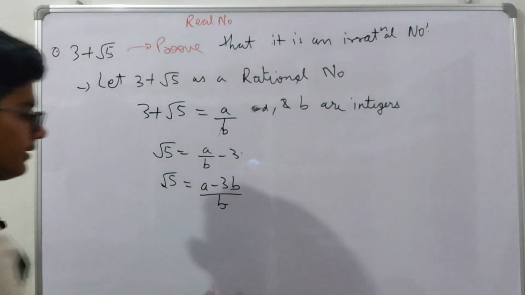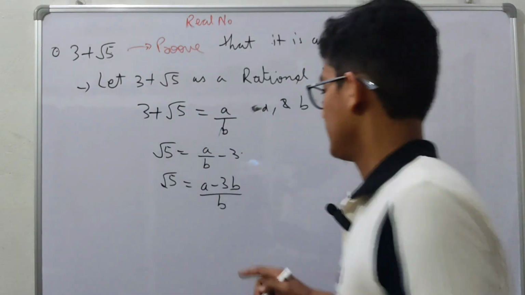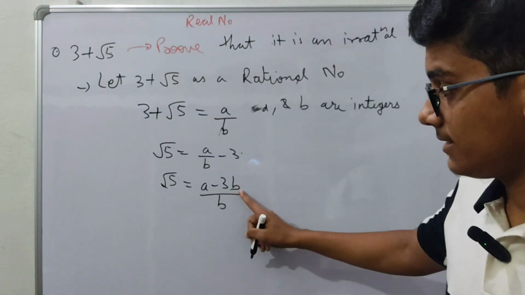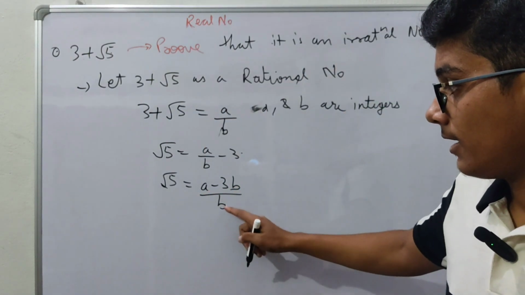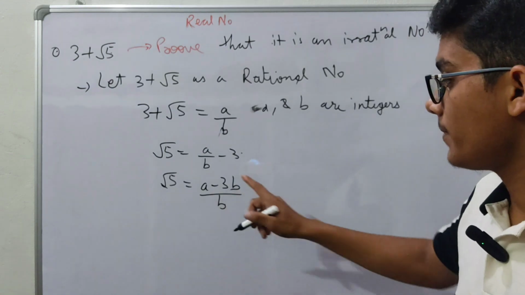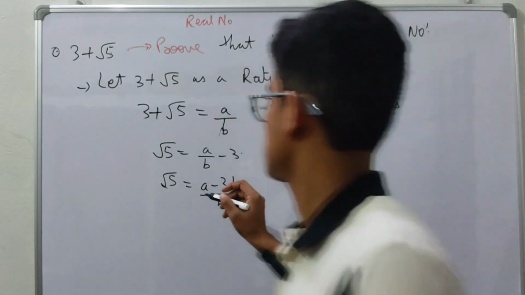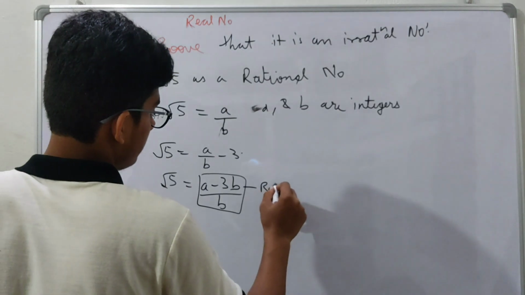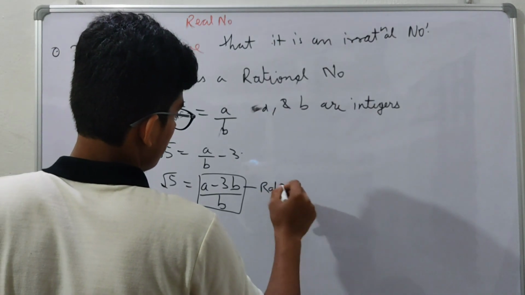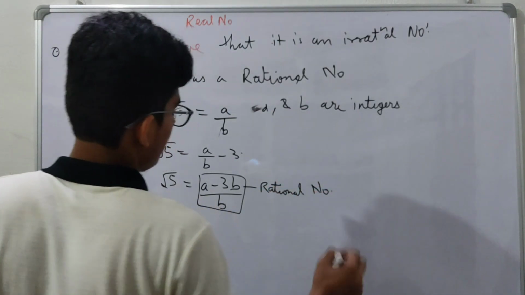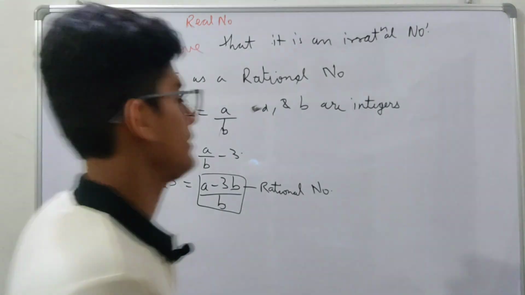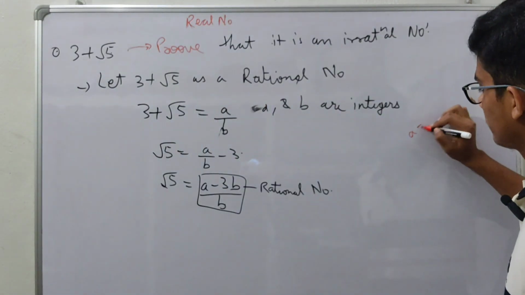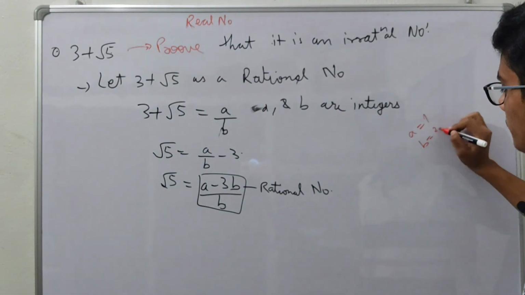Now you can see here that a is an integer, b is an integer, and because a and b are integers, surely this will be a rational number. Why? Suppose I take a equal to 1 and b equal to 2.